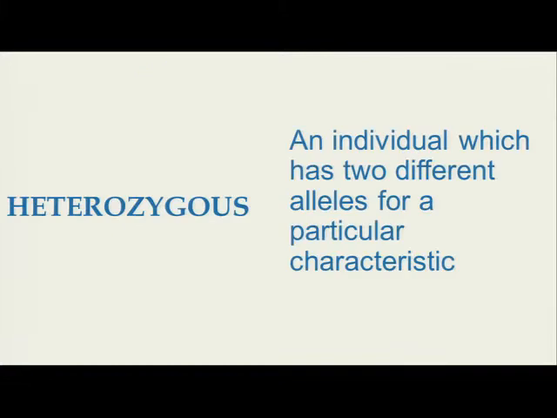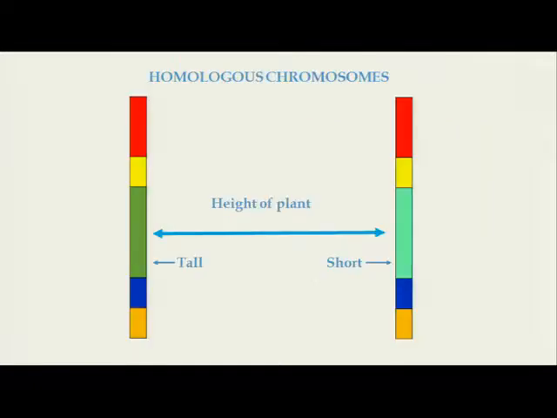You see, that is an individual with two different alleles for a particular characteristic. The particular characteristic, height of the plant. The one determines the plant to grow tall. The opposing allele causes the plant to grow dwarfish, a short-growing plant.